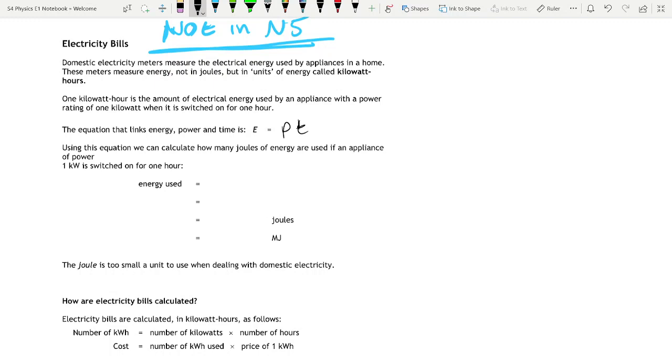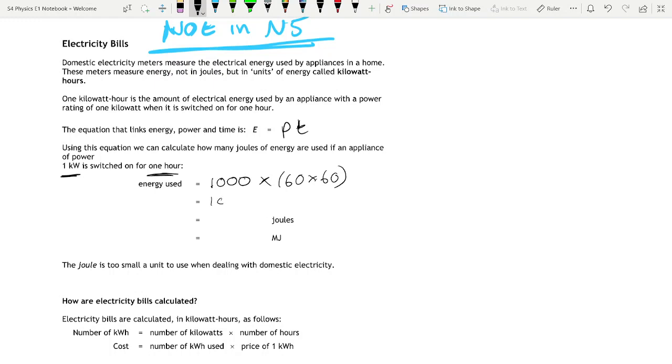So we can work out what 1 kilowatt hour is in our normal units. So energy used equals power times time. Remember, power is 1 kilowatt, so 1,000 watts. And the time is 1 hour. So we need that in seconds, so 60 times 60. 60 minutes, sorry. 60 seconds.